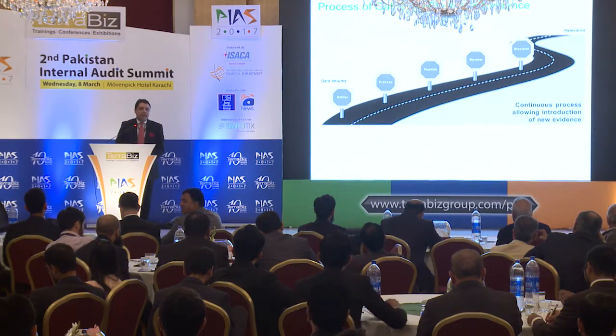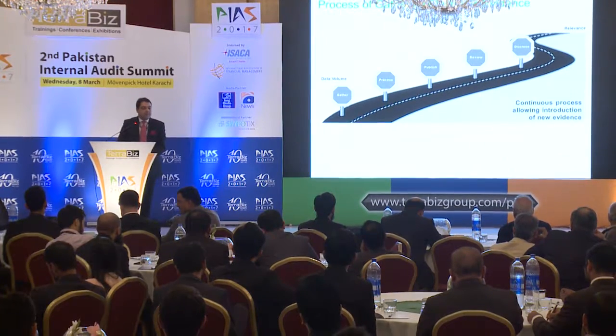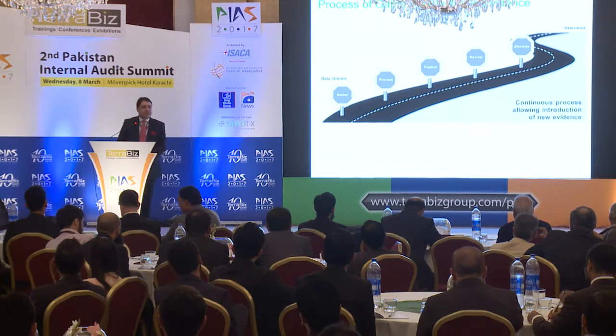Now, the question arises how we gather electronic evidence. The process of gathering electronic evidence is done in five stages: the gathering stage, the processing stage, then we publish that particular data for reviewing, then we do the review, and then we finally prepare our reports.